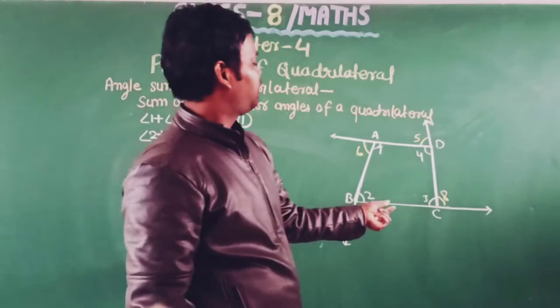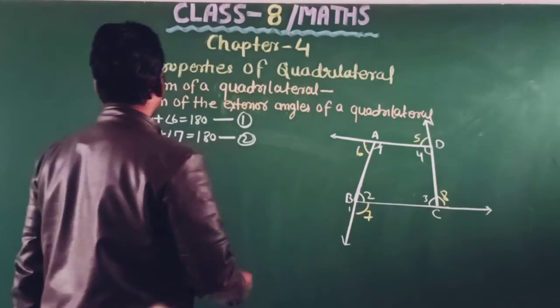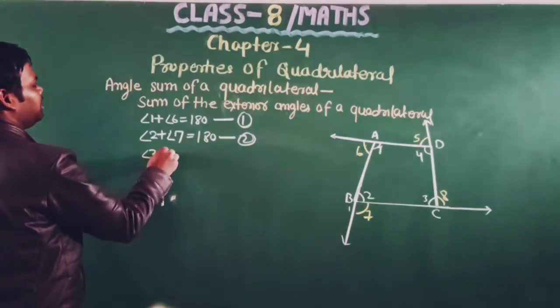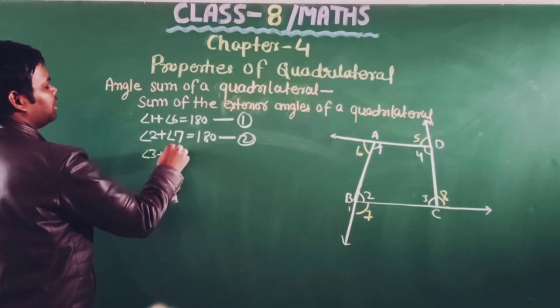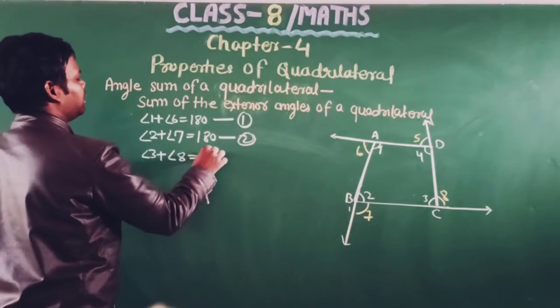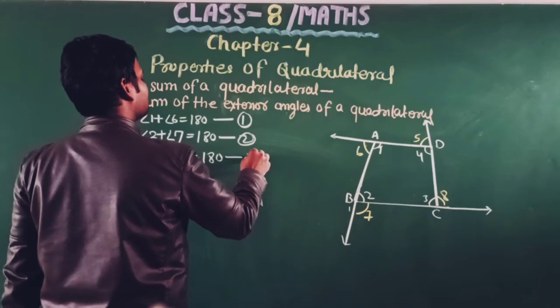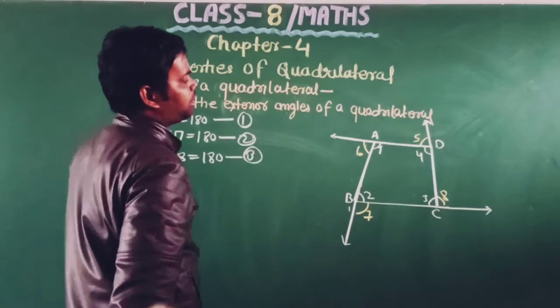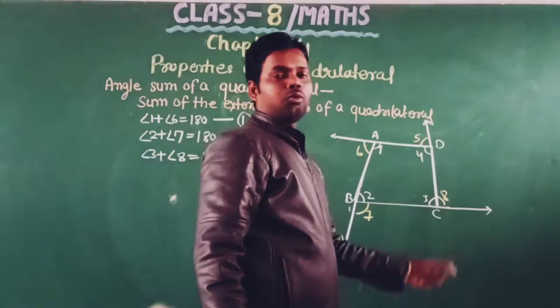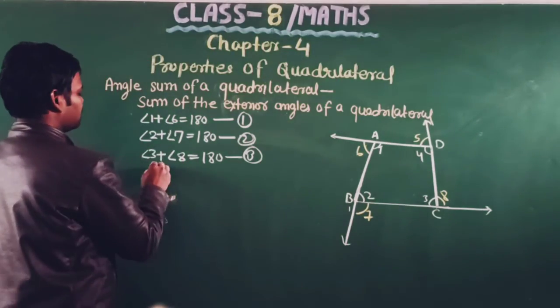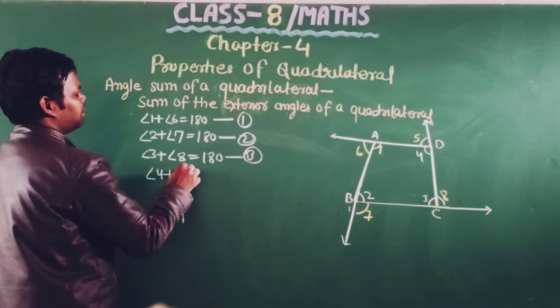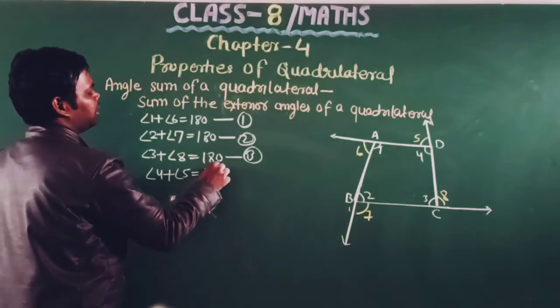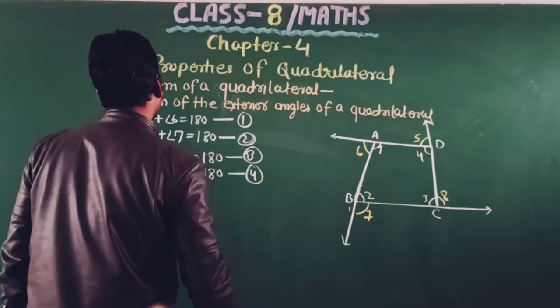Similarly at C, angle 3 plus angle 8 equals 180 degrees. This is equation 3. And at vertex D, angle 4 plus angle 5 equals 180 degrees. This is equation 4.